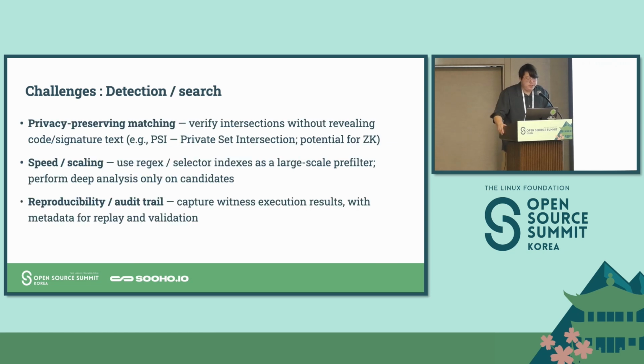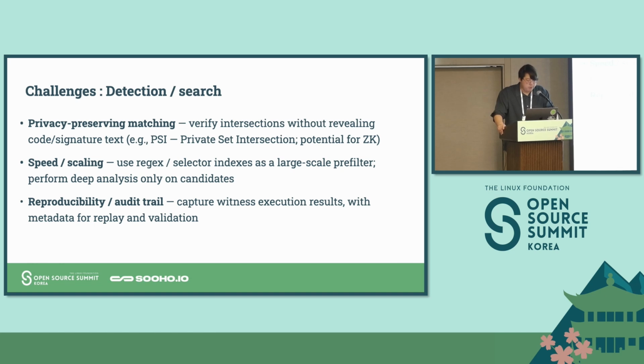The last challenge area is detection and search, and there are three things we care about here. First is privacy. In current settings, we have to share all the vulnerability-related code and patched code, but some adopters simply cannot share their source code or even the signatures themselves.